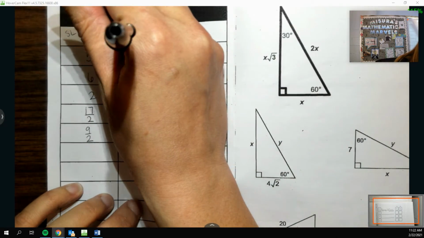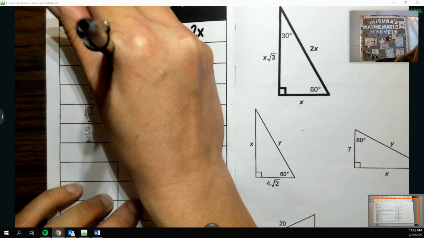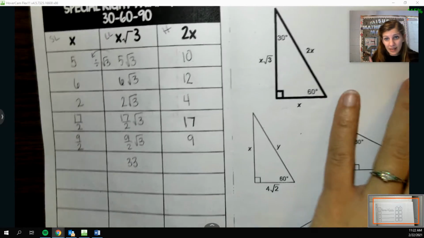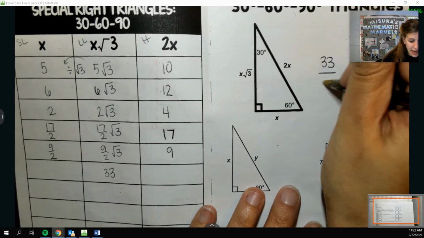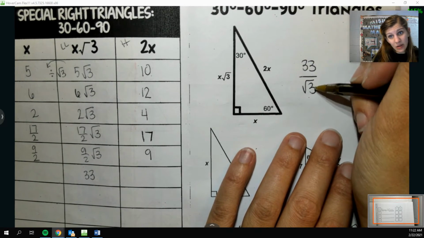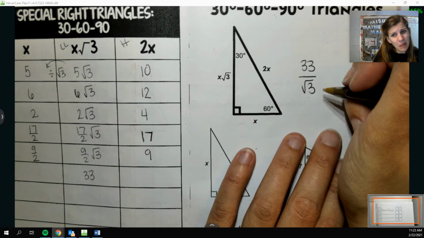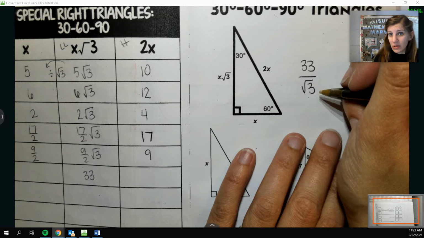Really what you're doing there is dividing by root 3. And now there's this pesky little rule in math. If I take that 33 and divide by root 3, I can't divide those because one is outside the root, one's inside the root. And the other pesky little math rule is that you are not allowed to leave roots in the denominator.